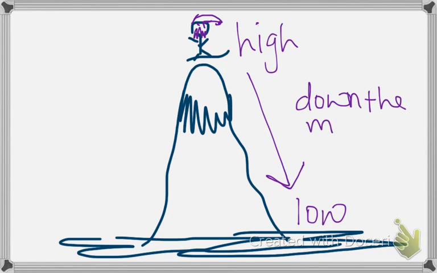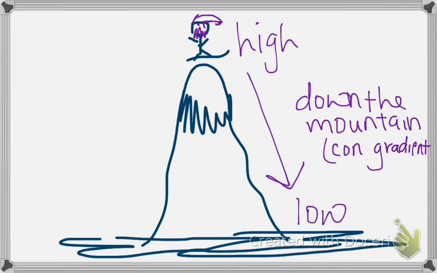the mountain. Now, this mountain is a metaphor or a symbol of a concentration gradient. So concentration gradient, kind of like the mountain. And where the no energy part comes in, does Mountain Man Steve have to force and push his way down the mountain?